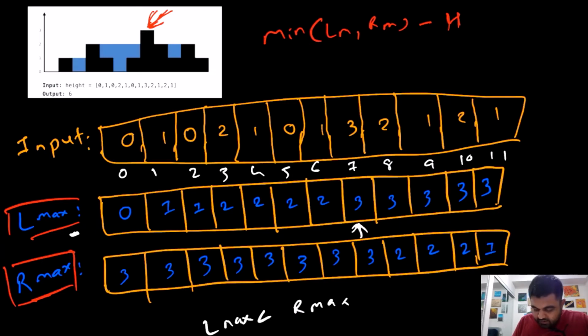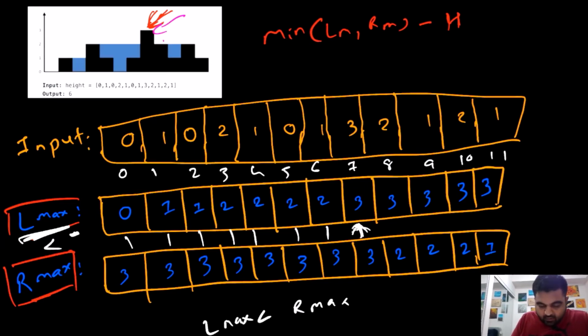Notice that in all of these values the left max is less than the right max, and over here it's equal to the right max because of this particular tallest bar that divides the two arrays.